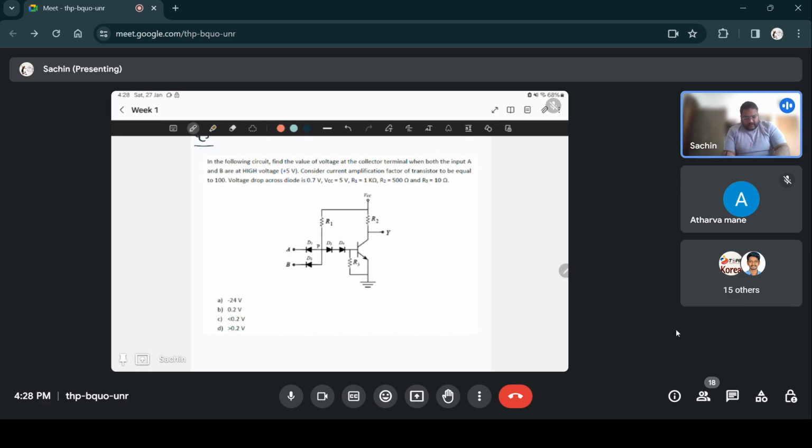What they are asking you to calculate is the voltage at the collector terminal, that is, the output.